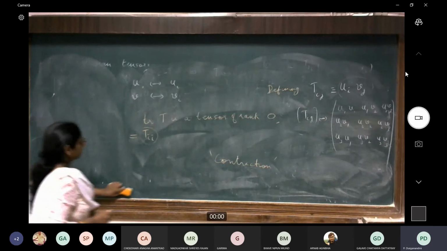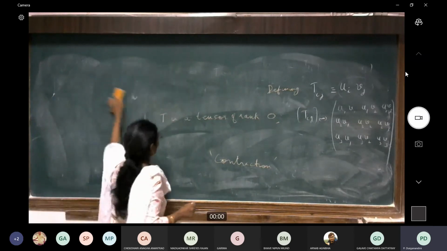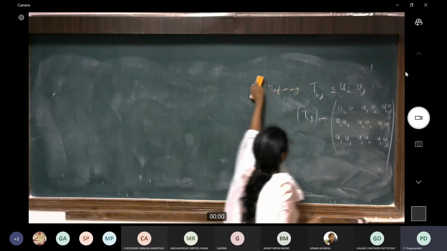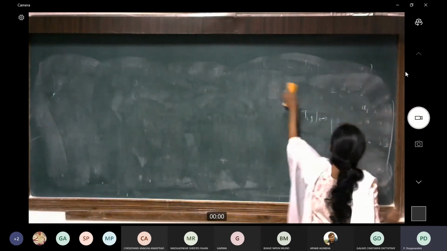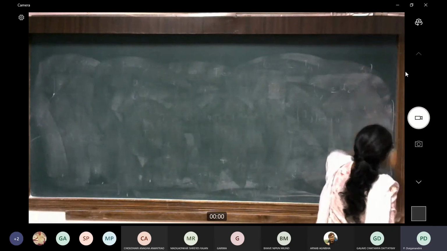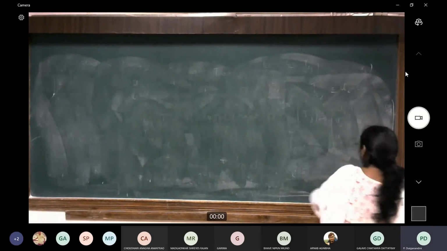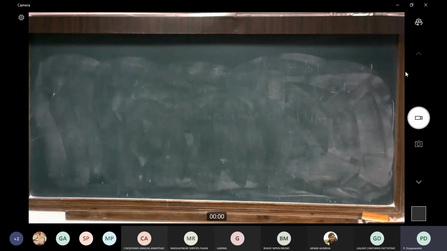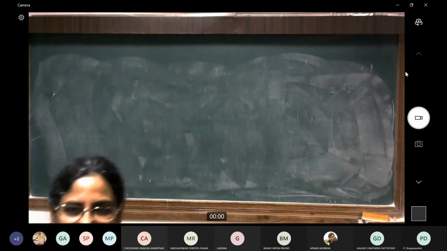So I contracted a second rank tensor and got a tensor of rank 0, which means that we'll see later that if I contract an mth rank tensor, I will get a tensor of rank m minus 2, because two indices have gone away because of contraction and summation. Okay, I'll continue with this next time. Okay, let me stop here.